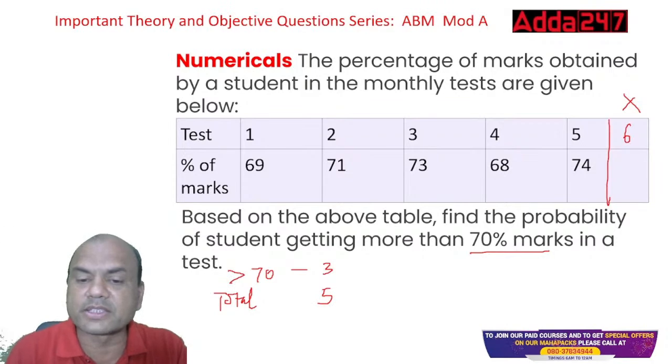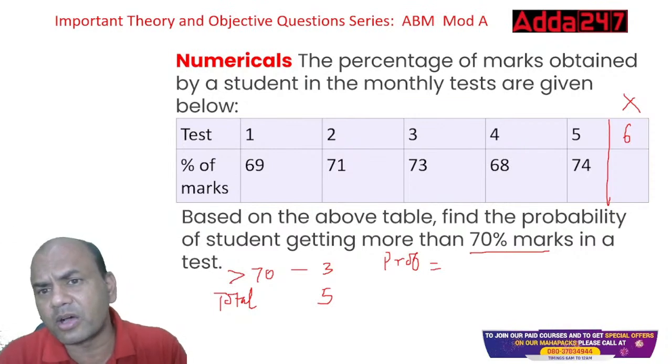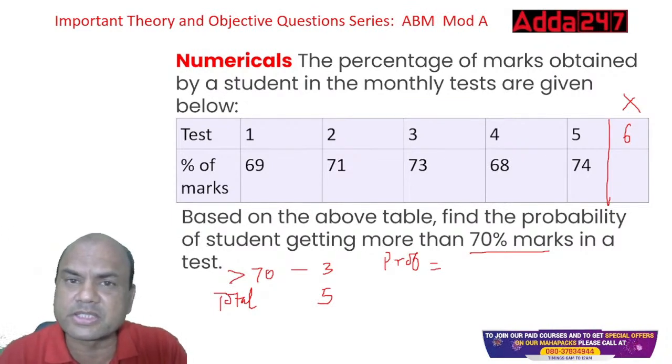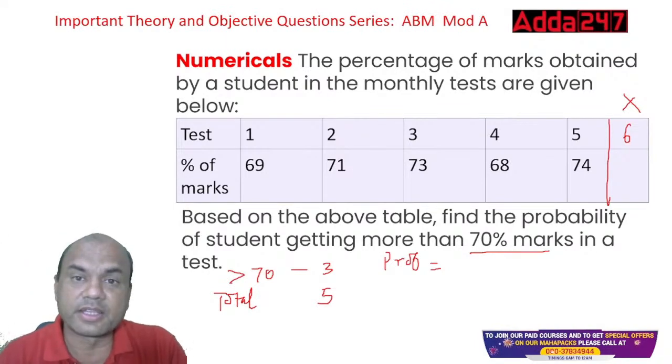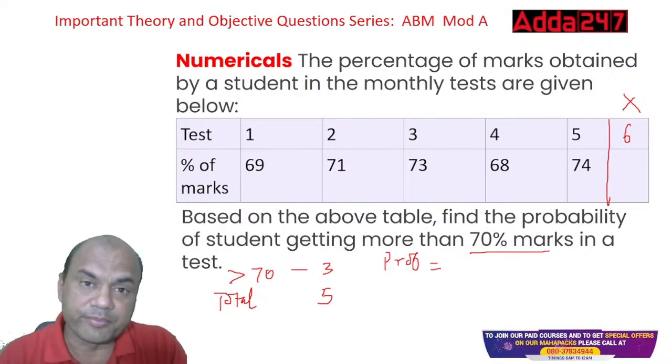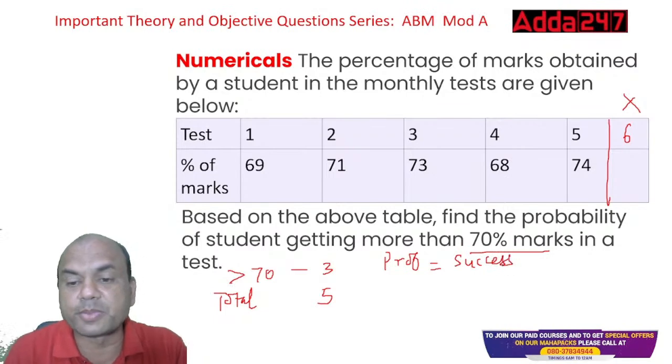So how to find the probability? You'll say, sir, this question is from probability, how come in this estimation chapter? Remember, all these questions are interlinked; they can be asked anywhere. So probability equals success upon sample space.